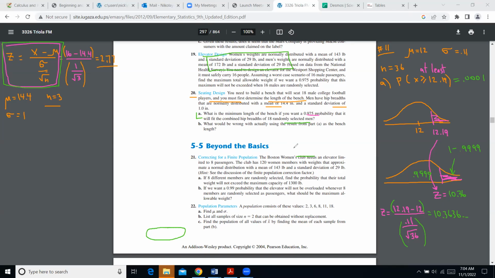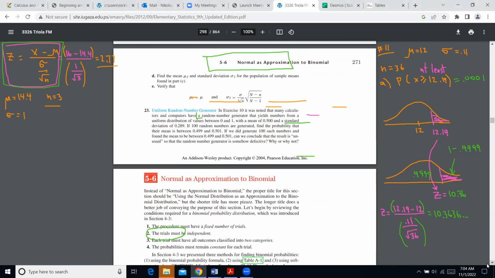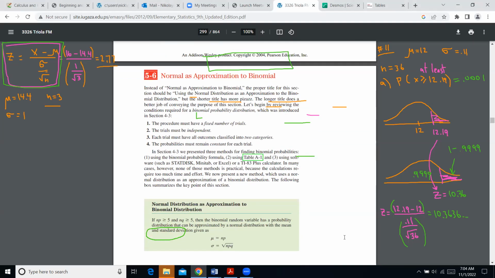And that's actually what we also do in the next section, section 5.6, which is a special section that tells us that we can use normal distributions pretty much everywhere, not just in the case of a normal situation, but in the case of binomial distribution.